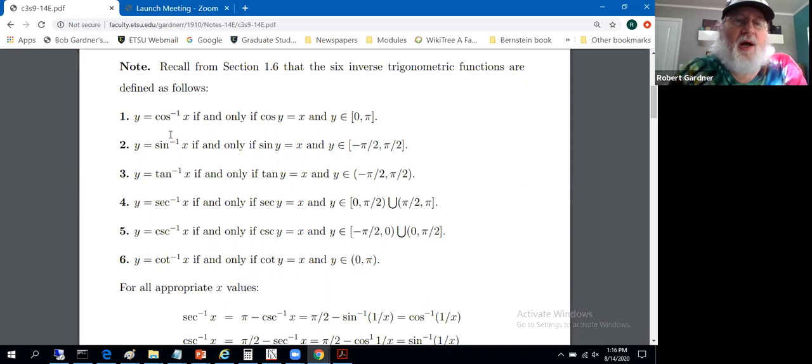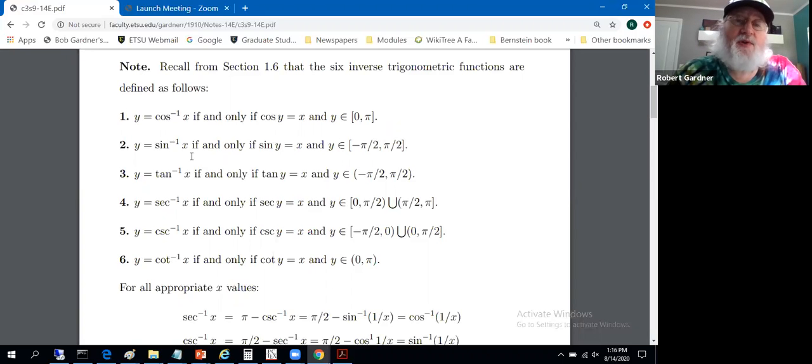So we'll define y as the cosine inverse of x if and only if the cosine of y equals x, and y is an angle from a particular interval. For the cosine inverse function, we get out y values between 0 and pi. You're actually being given the range of these inverse trig functions in each of these.